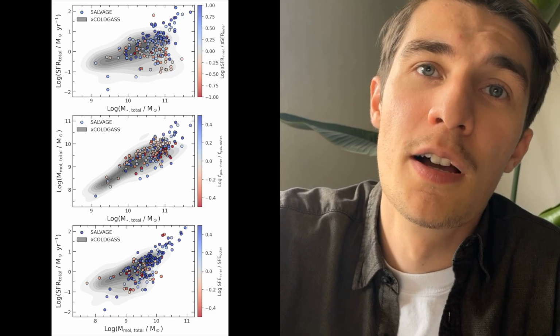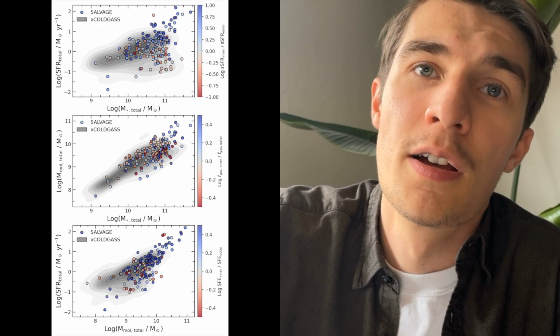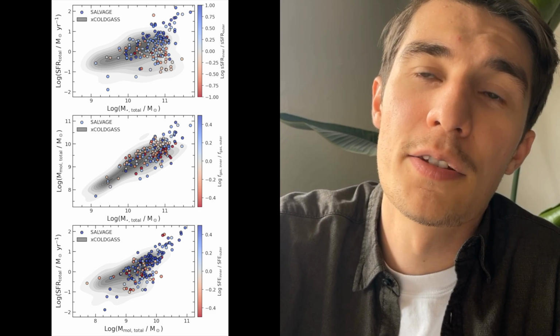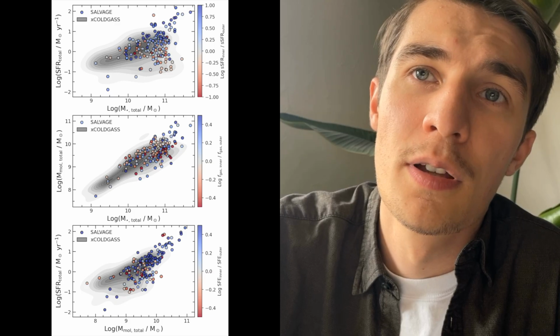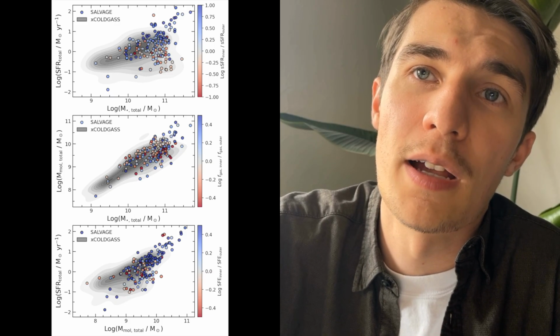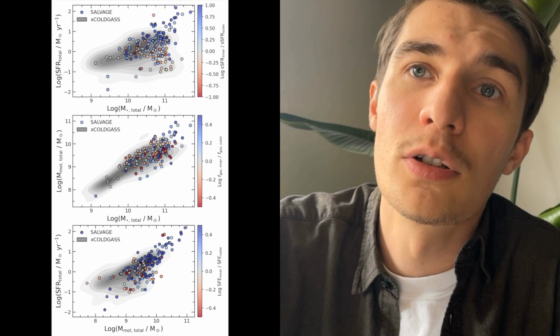So galaxies above the main sequence tend to have centrally enhanced star formation, while galaxies that are falling below the main sequence tend to have less star formation in their central regions.